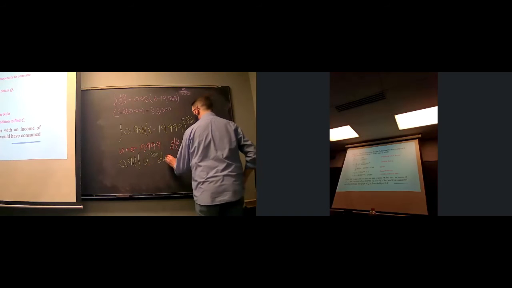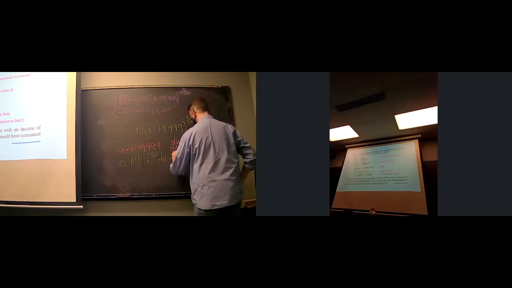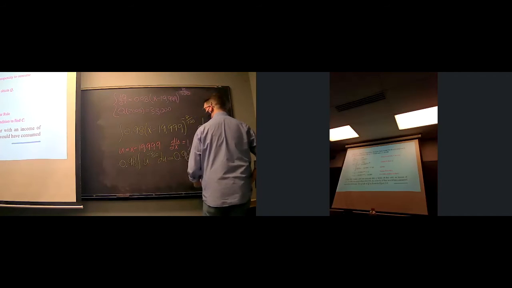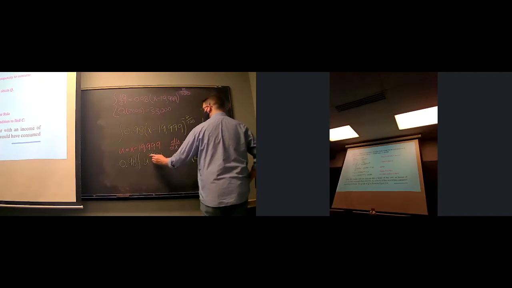Well, we apply the power rule. This comes out to be 0.98 times 1 over negative 2 divided by 100 plus 1 times u to the negative 2 over 100 plus 1, all plus c, right?